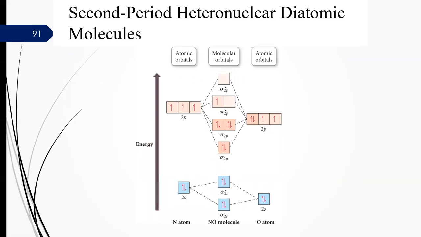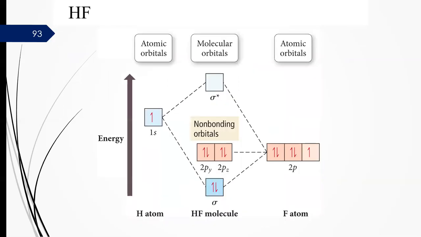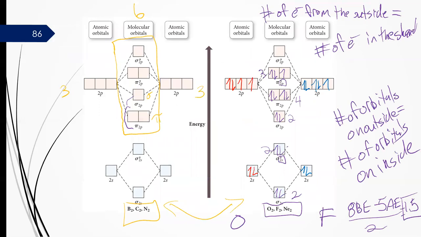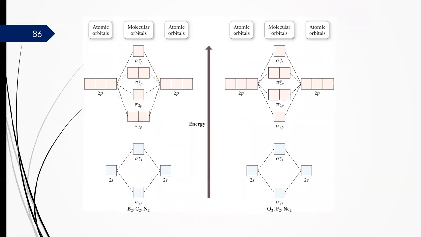So when you fill in your diagram for it, if we want to compare our oxygen orbitals, you can see that we would have 1, 2, 3, 4, 5, 6, 1, 2, 3, 4, 5, 6.